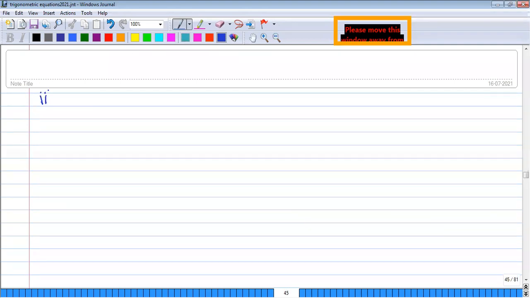So under third bit, second problem. Tan x is equal to minus 1 upon root 3, secant x equals 2 upon root 3.